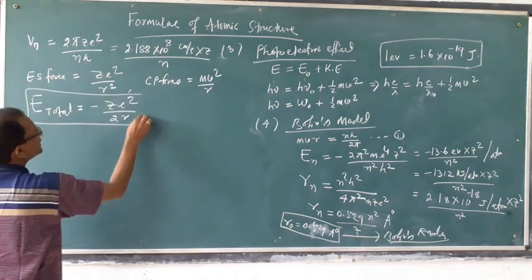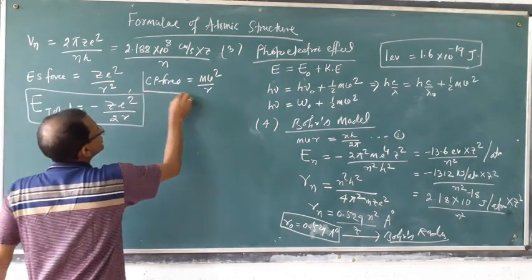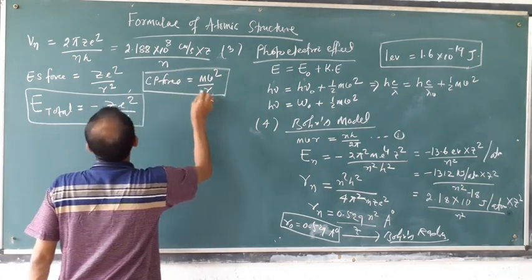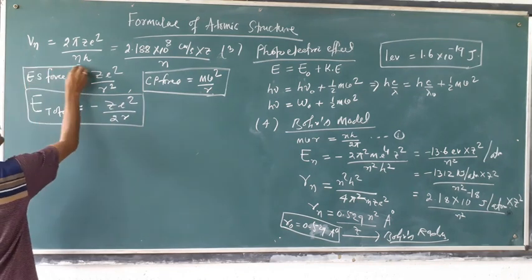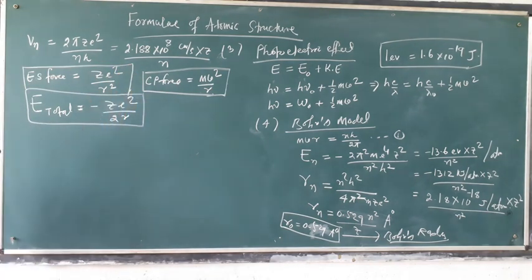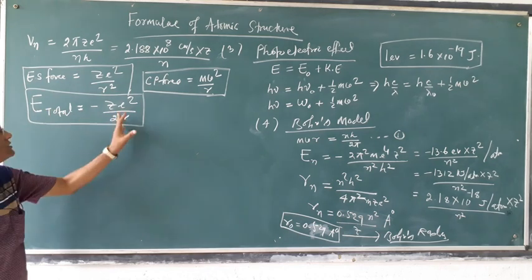This is the total energy. This is your centripetal force, and this is the electrostatic force between electron and nucleus, Z square by R square. Total energy is equal to minus Z square by 2R.